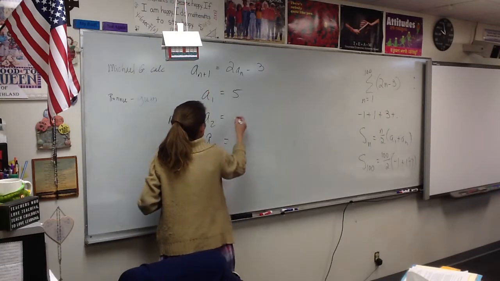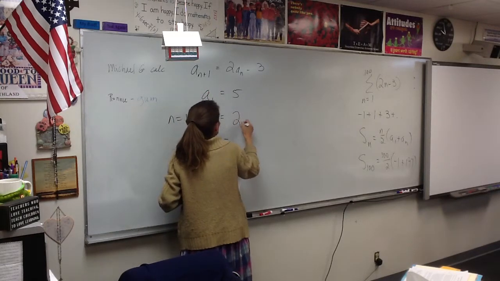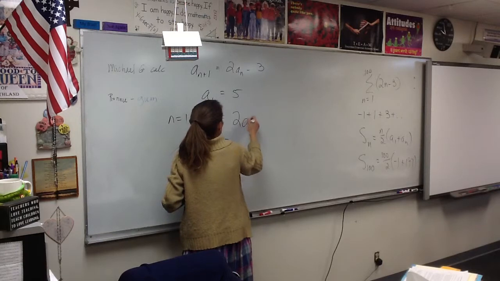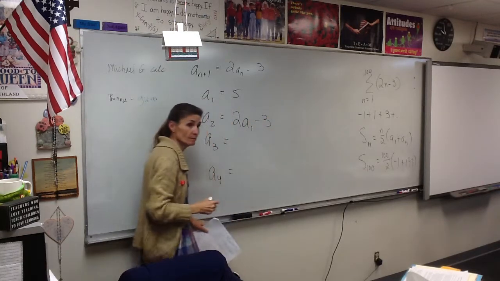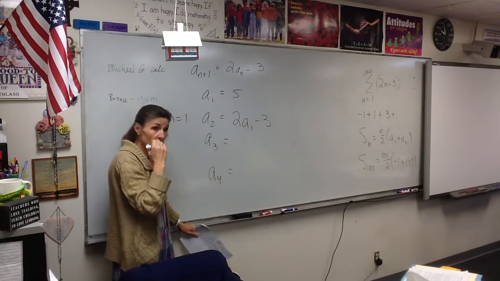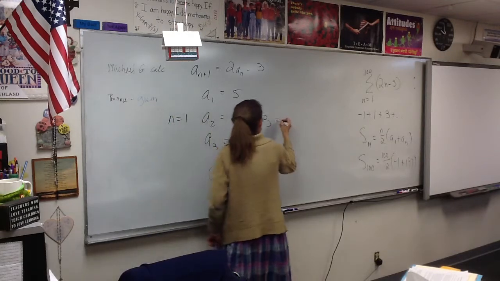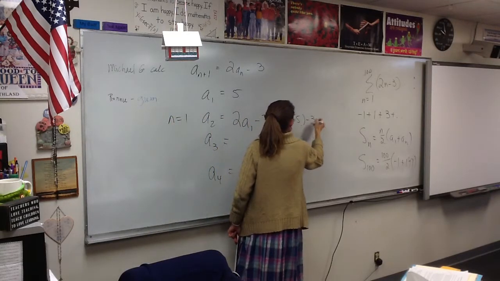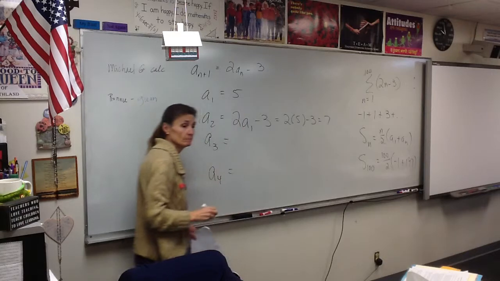A sub 2 equals a sub 1 times 2 minus 3, right? Which would be 2 times 5 minus 3, which is 7.